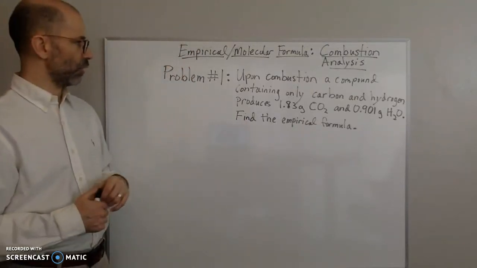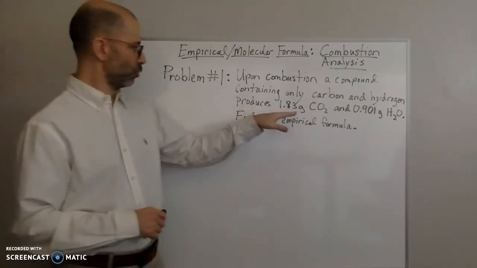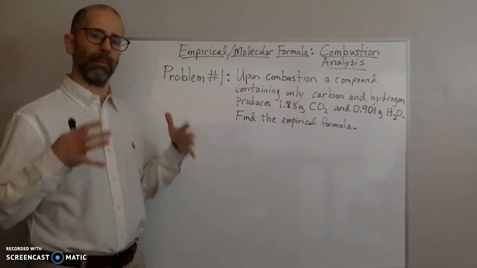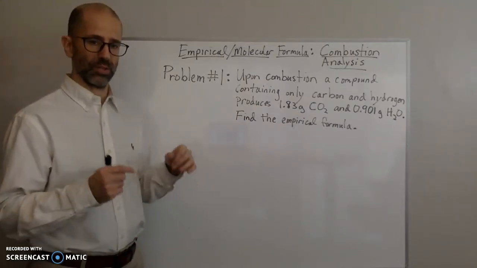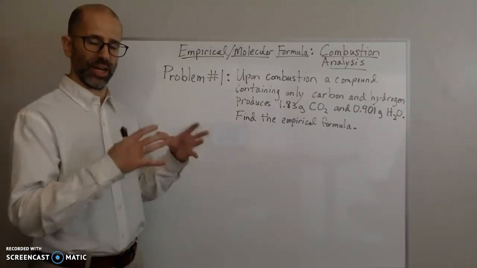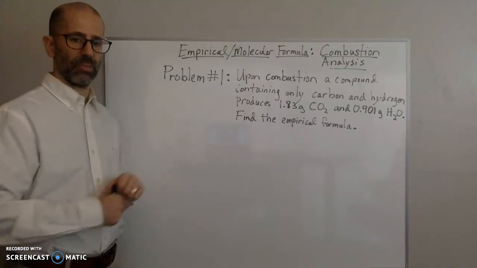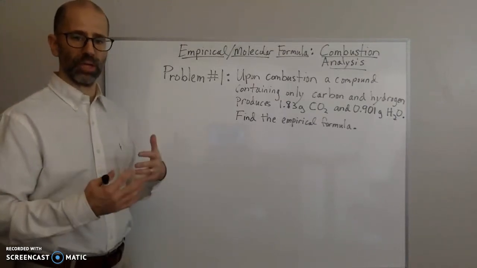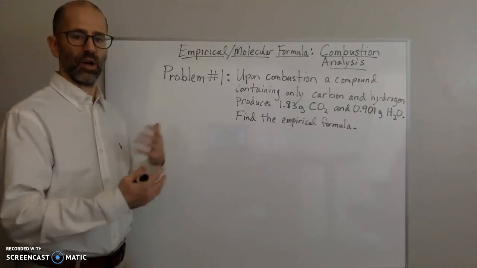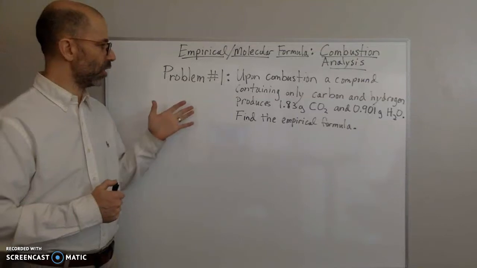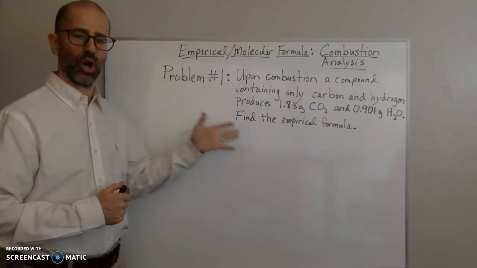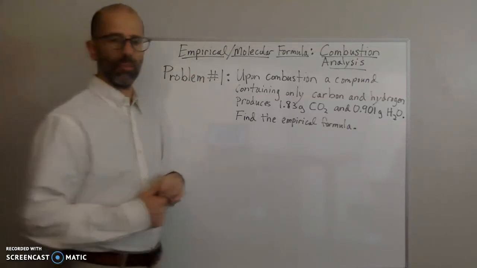So what we need to do first is our goal is to get the moles of the elements, because once we get the moles of the elements that are in the compound, we can set up our pseudo-empirical formula and go from there. So the first part of this problem is getting those mole amounts.